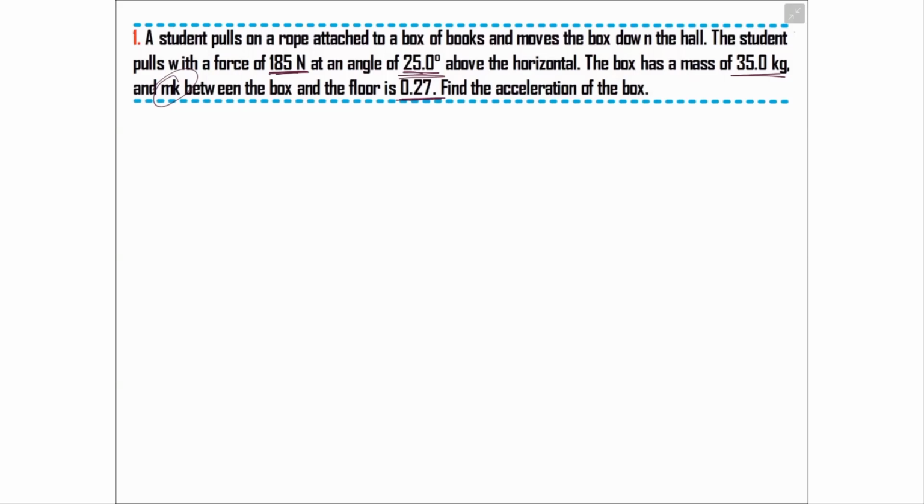So if we draw the box, we have an external force that equals 185 Newton, and it has an angle of 25 degrees with the horizontal line.